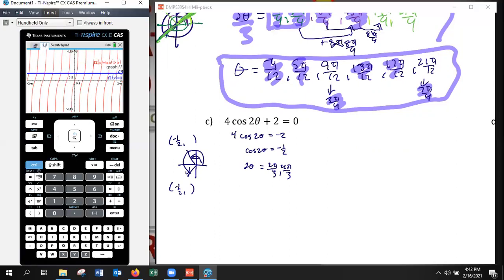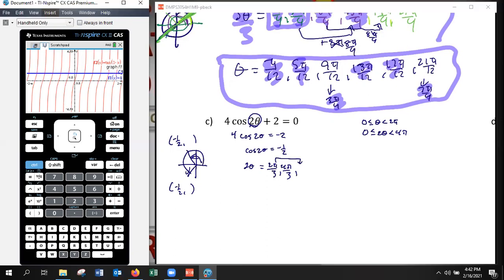Now, what interval do I want? 0 is less than or equal to theta, less than 2 pi. Because it's 2 theta, it'll be 0 less than or equal to 2 theta, less than 4 pi, because I'm doubling everything. What this means is I have to do 2 full rotations. The first rotation was the 2 pi over 3 and 4 pi over 3.